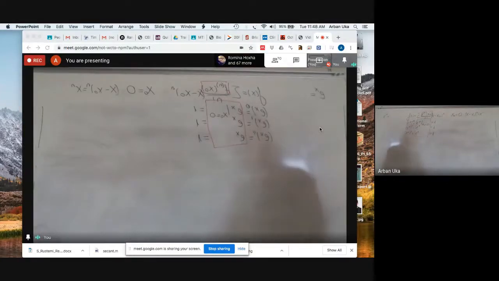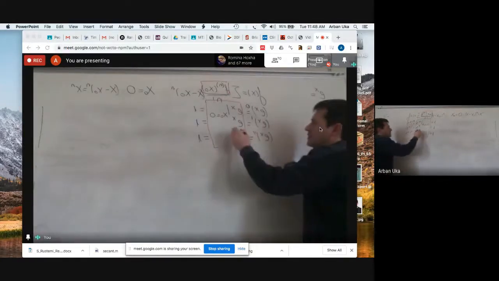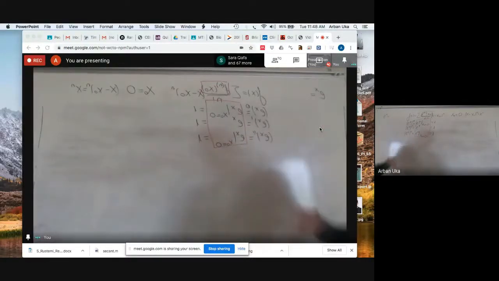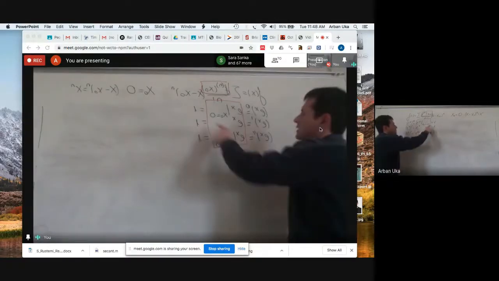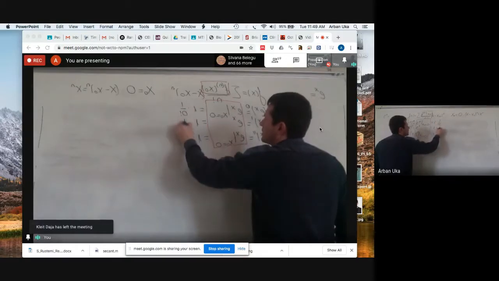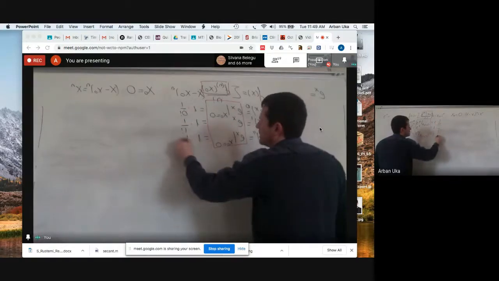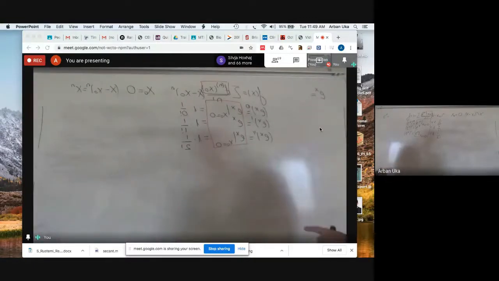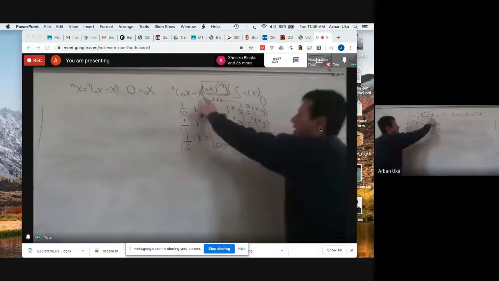And all this, because we always have to evaluate this at x0 equal to 0. Then each of these terms has to be divided by n factorial. So here we get 1 times 1 over 0 factorial, times 1 over 1 factorial, times 1 over 2 factorial. And then we need to multiply these terms also with x to the power n.